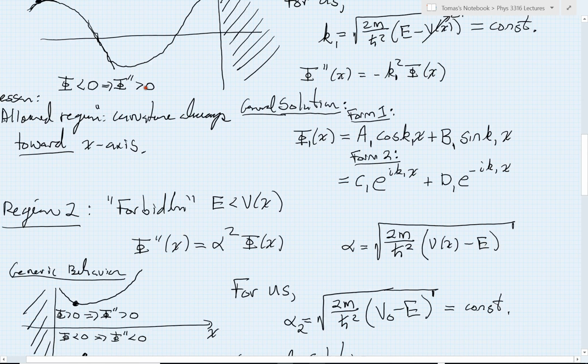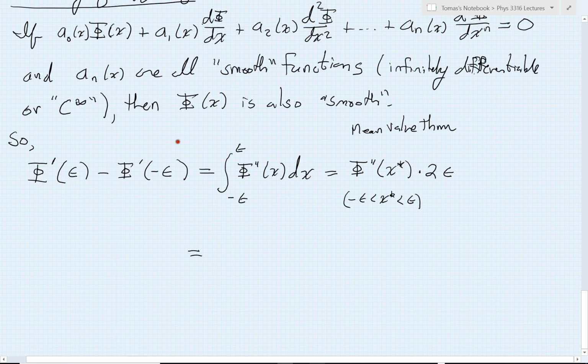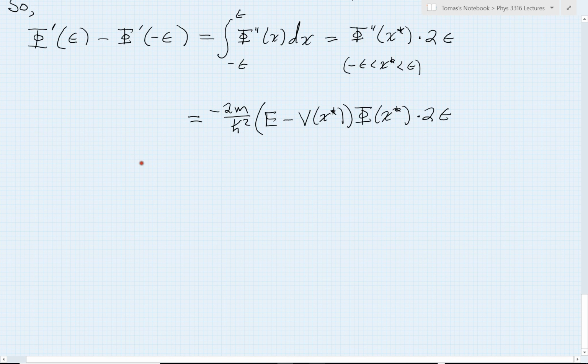The second derivative is going to be minus 2m over h bar squared times the energy minus the potential, but I'm evaluating this at my mystery point, x star, so it's the potential at x star, times my wave function at that location. That gives me the second derivative of my wave function, and that all is multiplying 2 times epsilon. Now, here is the cool thing.